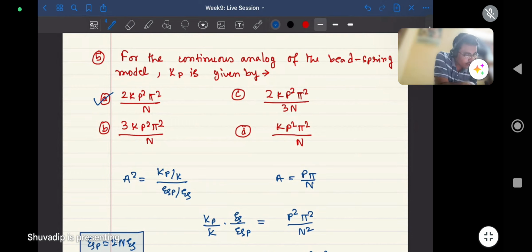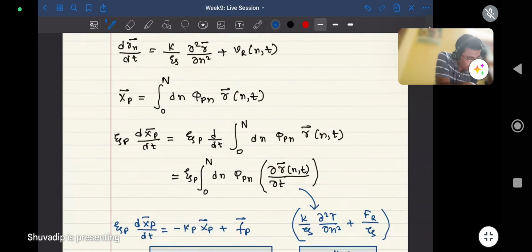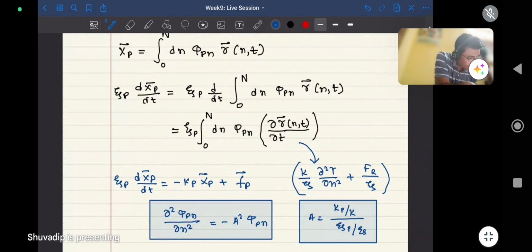So what is this a squared? We got this equation in the previous case. How do we get that? We are trying to calculate the form of the term xi p d/dt of xp.